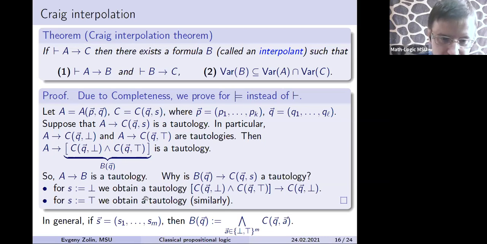So if we have C with many variables S here, then we substitute true or false for every one of these variables and obtain a long conjunction. You can see here that the formula B, the interpolant, may have quite a long length. So it may be exponentially longer than the formula C.